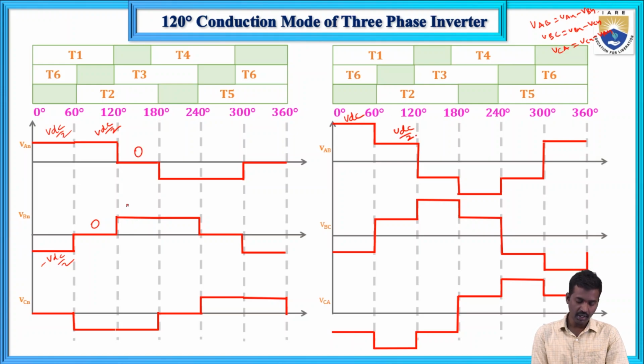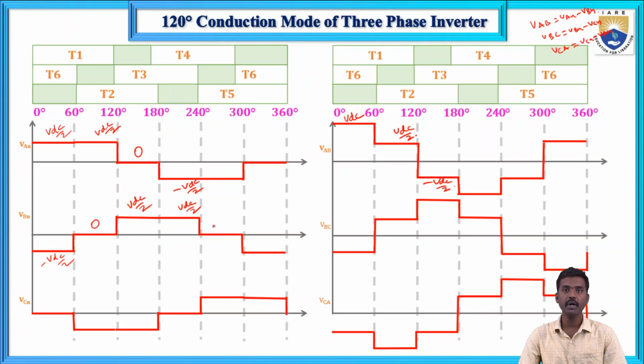And next, this is 0 and this is VDC by 2, so this is minus VDC by 2. This is minus VDC by 2 and this is VDC by 2: minus VDC by 2 minus VDC by 2 means that is minus VDC. And next this is minus VDC by 2, this is 0, minus VDC by 2. And this 0 and minus VDC by 2, that is plus VDC by 2. So first, the VAB line voltage waveform is this one.